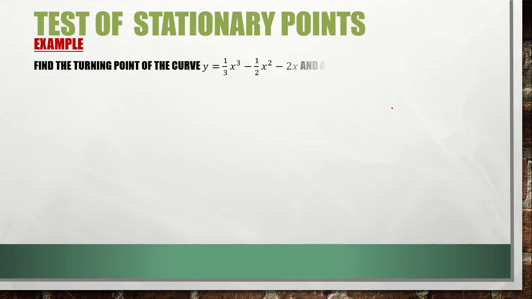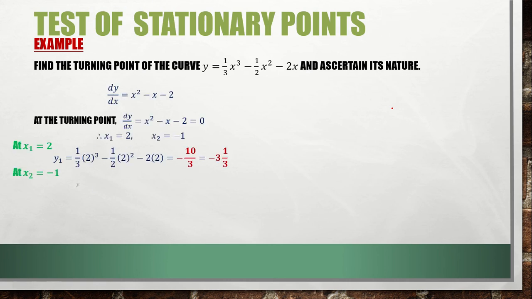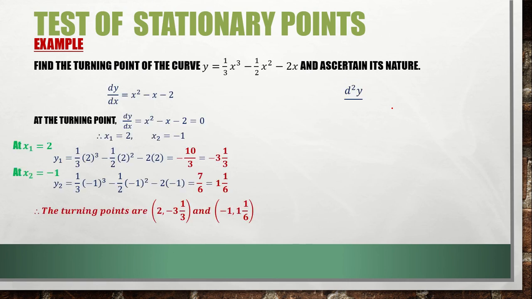Second example. Find the turning point of the curve y is equals to a third x cubed minus a half x squared minus 2x. Go ahead, find the turning point and ascertain its nature. Now, supposing you have something at hand by the use of the second derivative, I believe all these we had covered and found out that the turning point is this particular value.